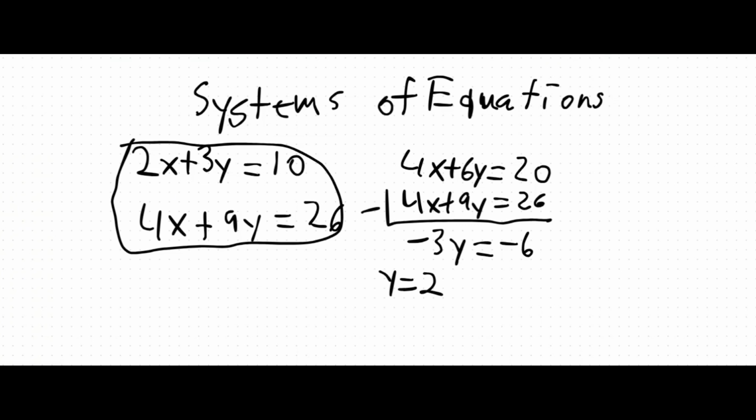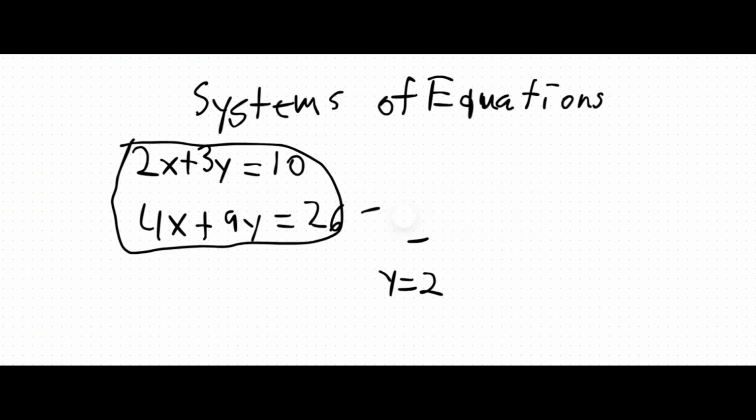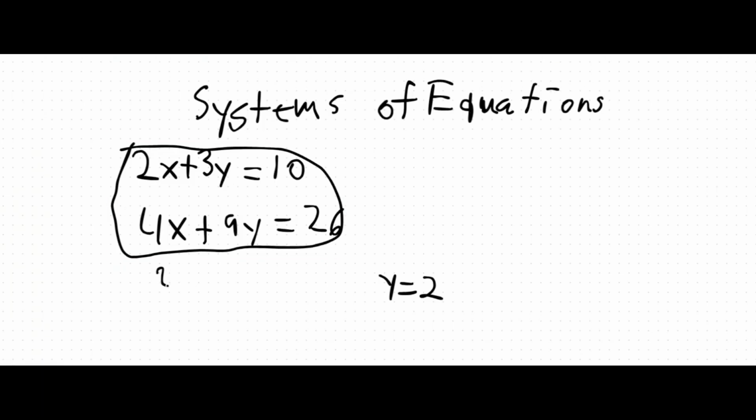And the next step isn't really hard. All the next step is just to plug in y to one of the equations and solve for x. So we have 2x plus 3 times 2, which is 2x plus 6, which is 10.